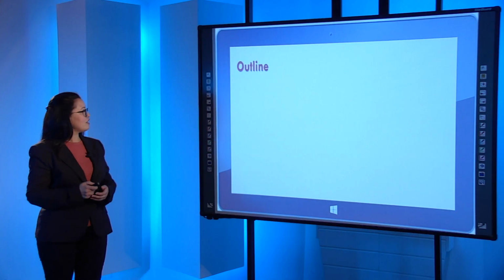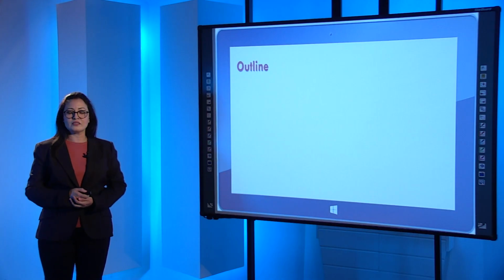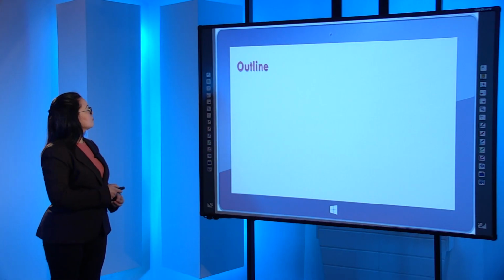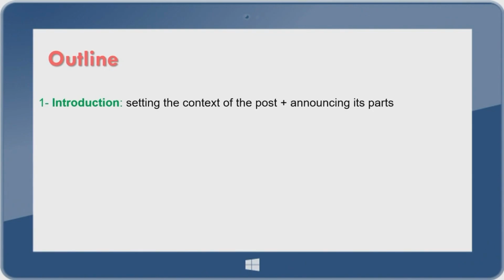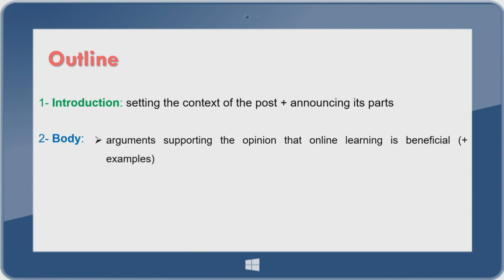Now, for every piece of writing, you need, of course, an outline. So, you can start with an introduction in which you set the context of the post and you announce the different parts. And then, for this case, in the body, you are going to, first of all, present the arguments supporting the opinion that online learning is beneficial, and you give examples.